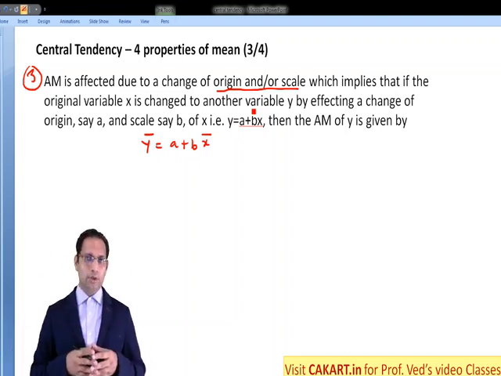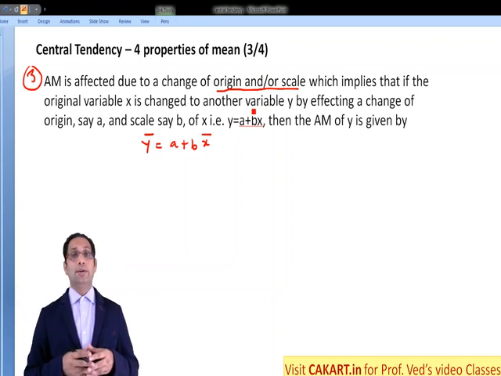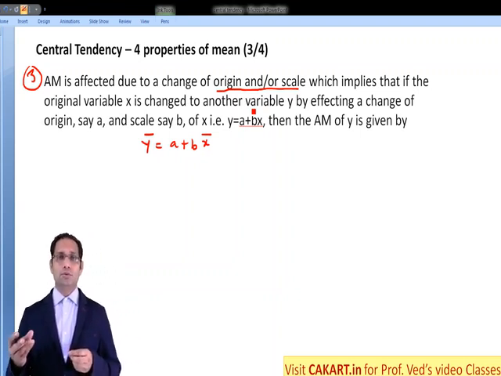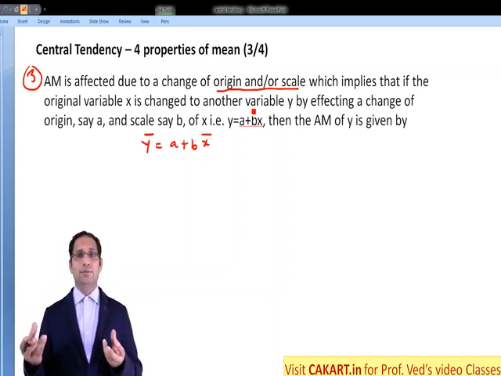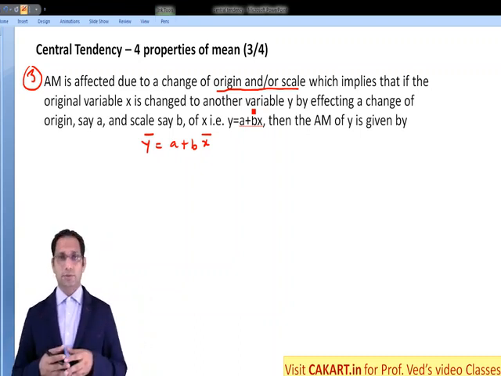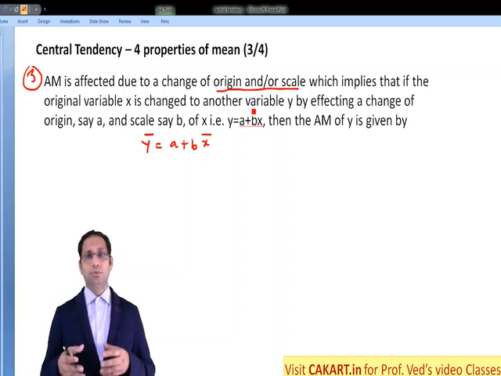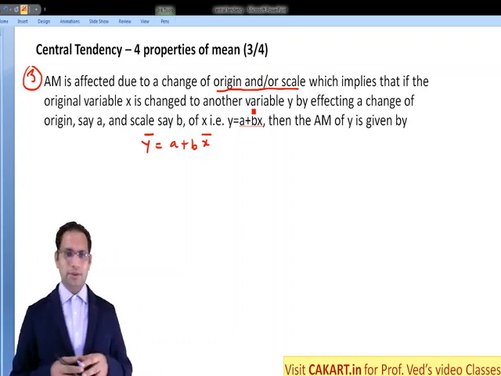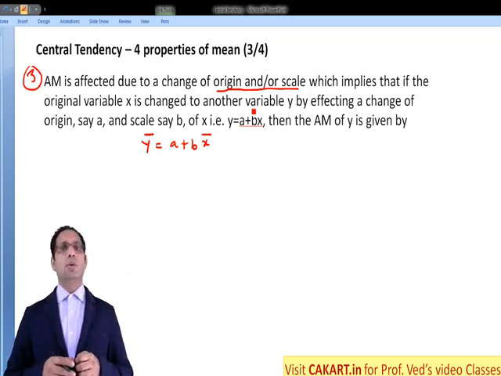The scale will change. Because if I say that y is equal to 2x, then if x is 2, y is 4. If x is 4, y is 8. So y is changing at double the speed of x. So the scale is changing, that's what they say. But forget about this scale change or origin change.